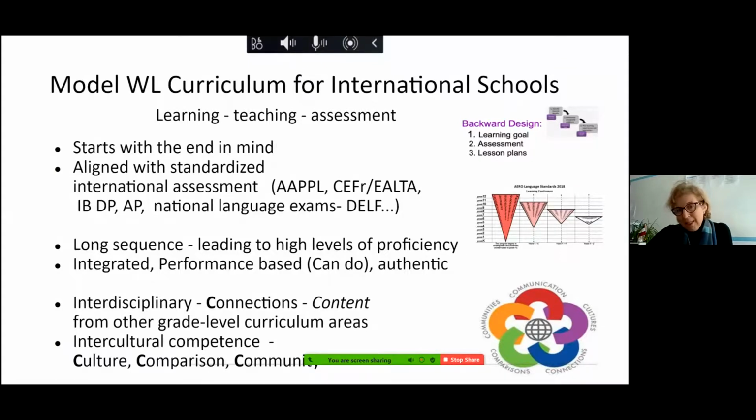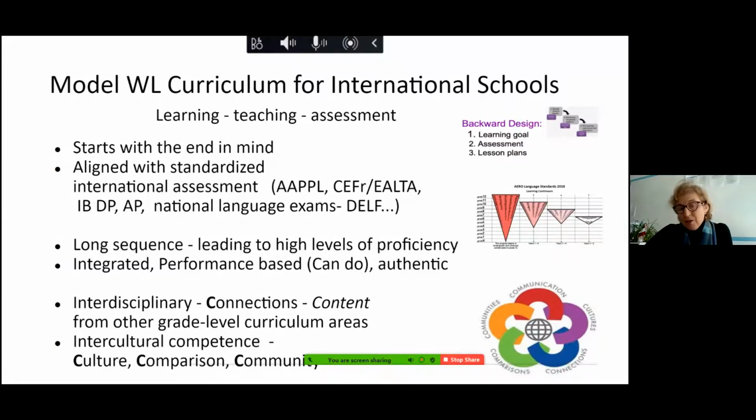We mentioned the European Association of Language Testing and Assessment in relation to the Common European Framework. But here I would also like to add that many of our international schools have these exit level exams in terms of the IBDP, International Baccalaureate Diploma, in terms of AP, placements, national exams, DELFs.